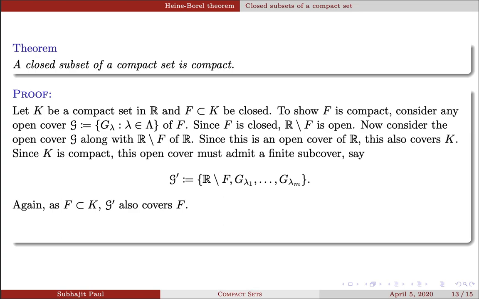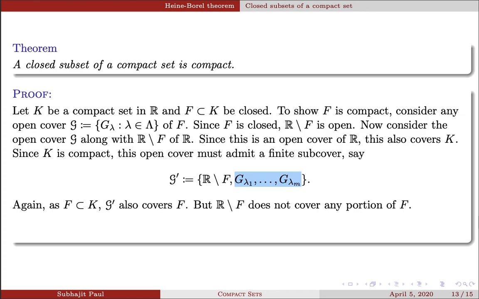Now, since F is a subset of K, this script G dashed will also cover F. There is no doubt. But in this script G dashed, this R minus F has nothing to do with the cover of F, because this is entirely outside of F. So if this has to cover F, then only these portions, G λ1 to G λM, need to cover F entirely.